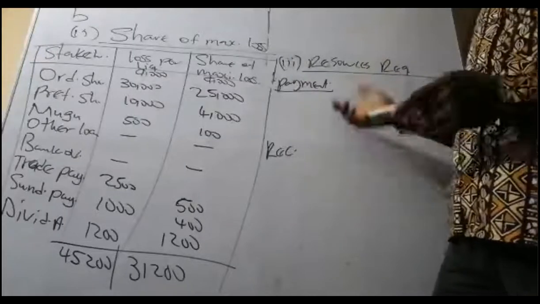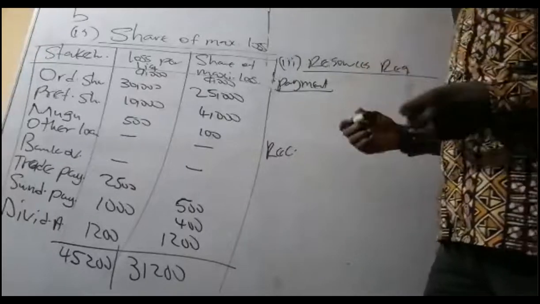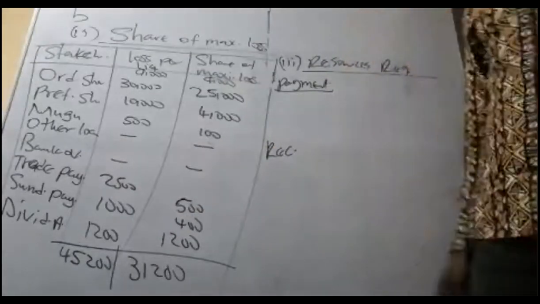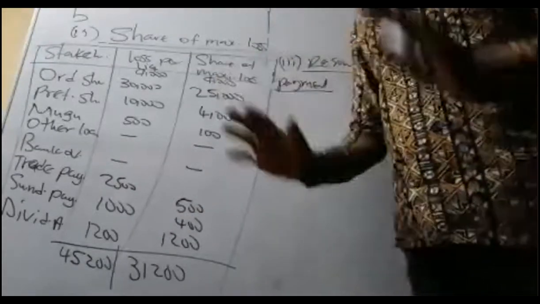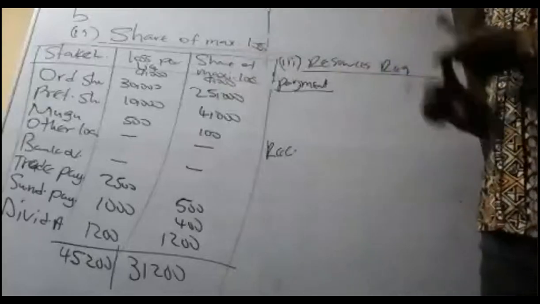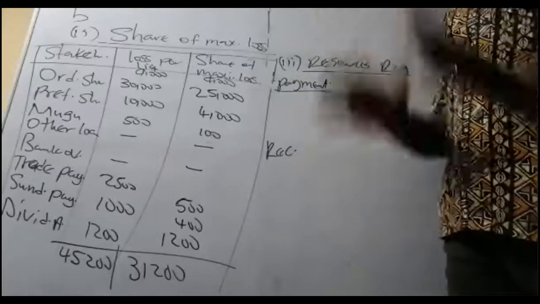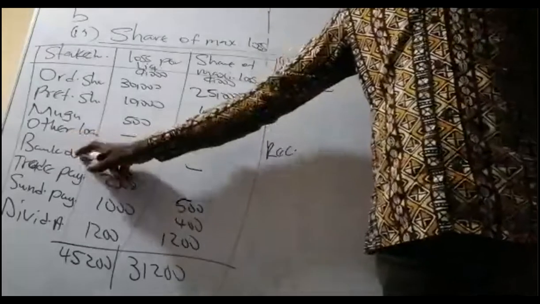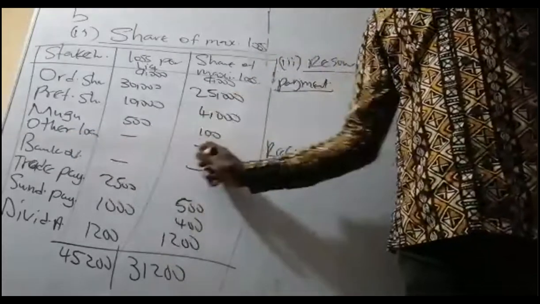If you are going to pay all of them and leave one, which of them are you going to pay? Pay the one that they are losing something, and leave the one that they are not losing. So bank overdraft, they are not losing anything, so I'll not pay them.